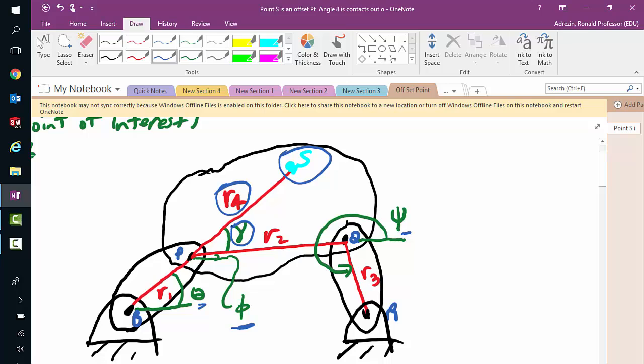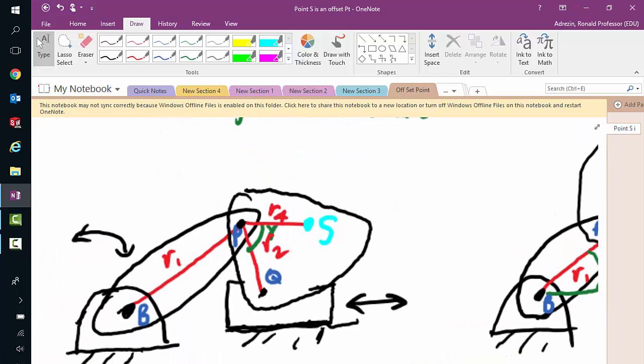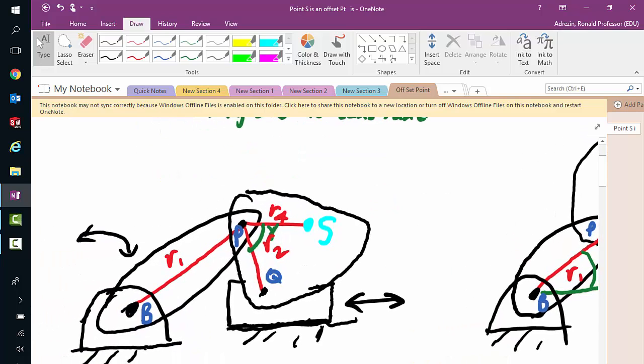Now, gamma is fixed because it's defined as the angle between that line between P and S and the line between P and Q. So gamma is constant, but phi is not, because these mechanisms do move. Going back to the slider crank, where I didn't squeeze in the theta and phi, it's a little bit hard to see, but there's the gamma in there as well.